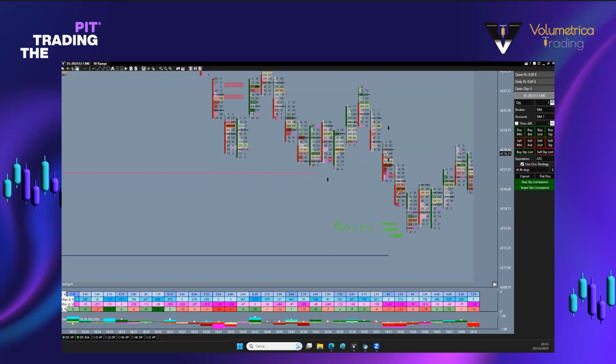Talking about delta, the delta measured by the footprint indicator is affected only by aggressive orders. So whatever happens in the order book as limit orders, of course, won't affect delta in any way. Here in every single delta, we only see the aggressive orders.